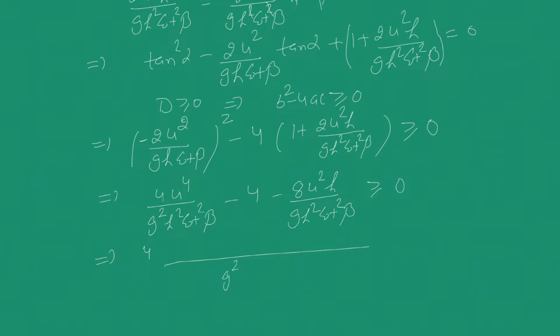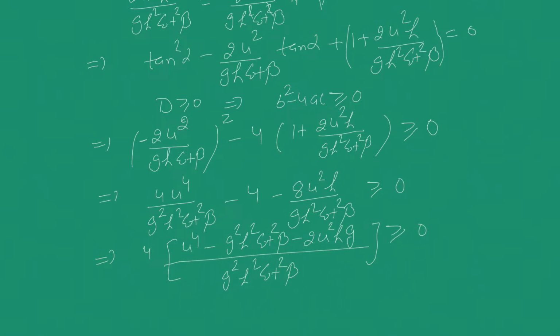Taking LCM, 4 upon g square h square cot square beta times u to the power 4 minus g square h square cot square beta minus 2 u square h g, is greater than or equal to 0. Now look over here, 4 is a positive quantity, always greater than 0. So for this to be greater than or equal to 0, all depends upon this thing.